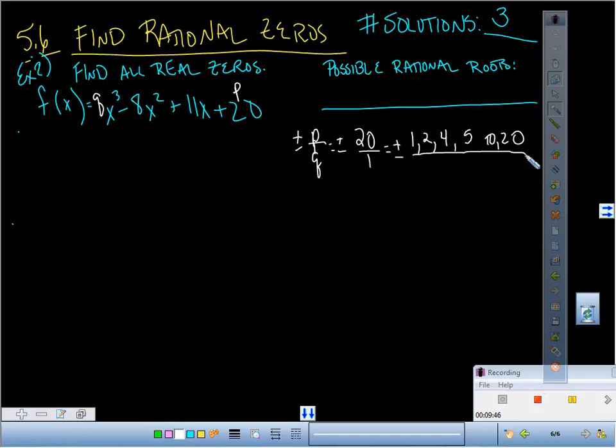What are the factors of 1? 1. Okay, so now here's what I want to make sure you understand. If you write the answer in the blank like that, I will not give you credit for it. When you put all those numbers over 1, what do you get?